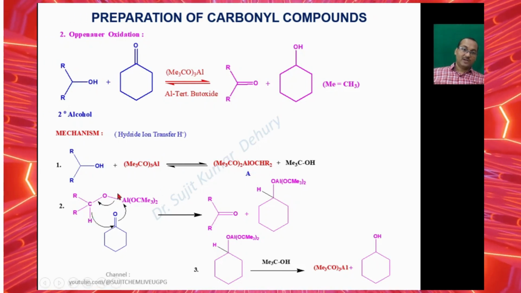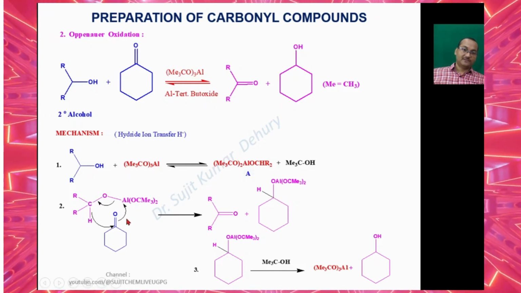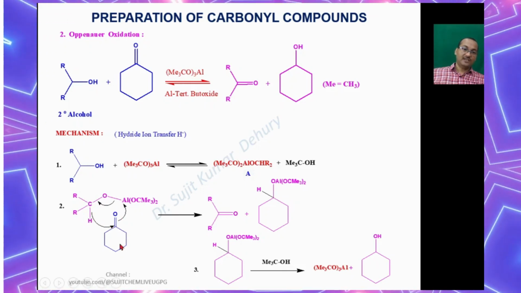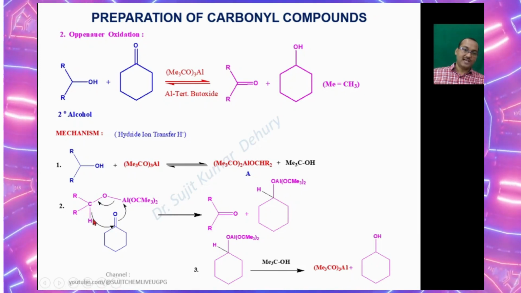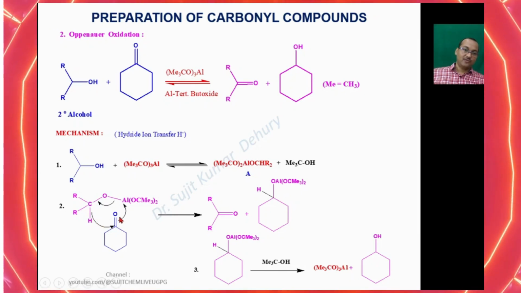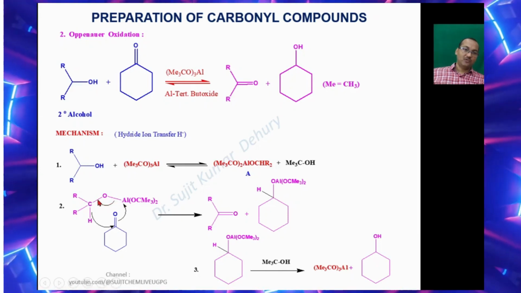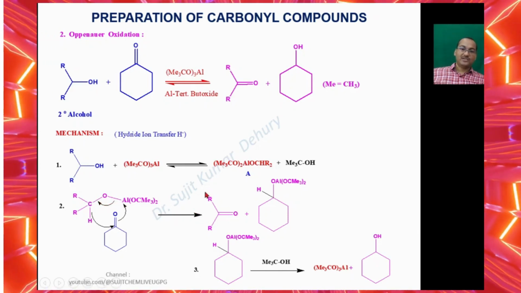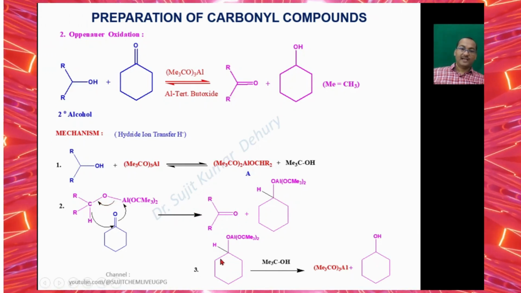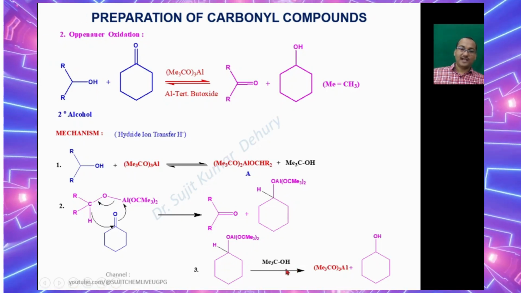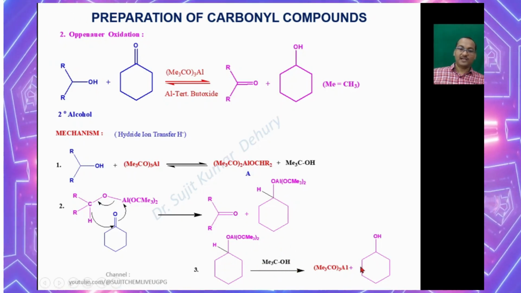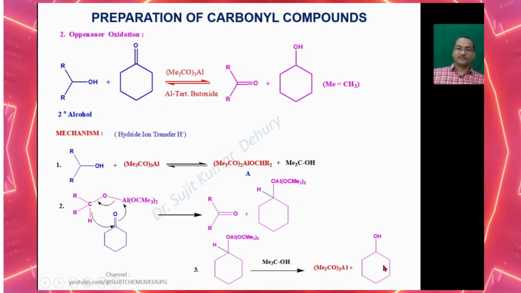We have to write this oxyaluminum complex in this fashion, and it would react with the cyclohexanone. Here hydride transfer takes place, and this O minus will attack aluminum, and this bond will move here, giving rise to the ketone. And again this oxyaluminum complex reacts with tertiary butanol, giving rise to cyclohexanol.